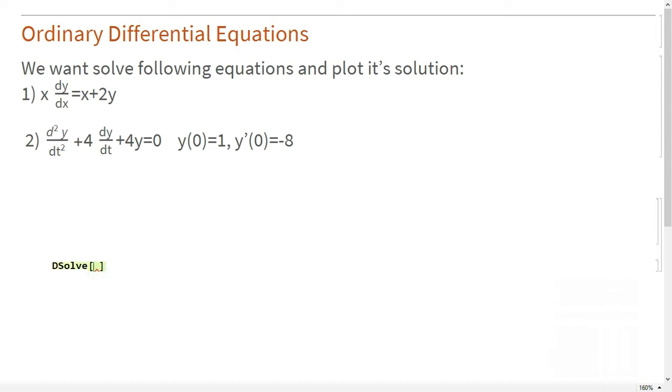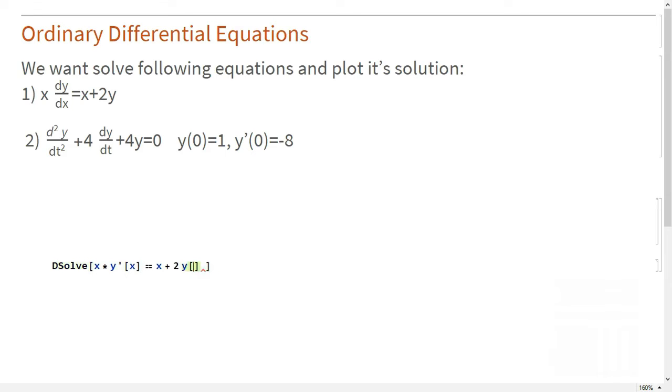So first we type x, you put a multiplication sign, or you can just put a space. So I'll be going with the multiplication symbol, and you type y prime of x, so that Mathematica understands that y is actually a function of x. Then you have to put double equals and you type x plus 2y.